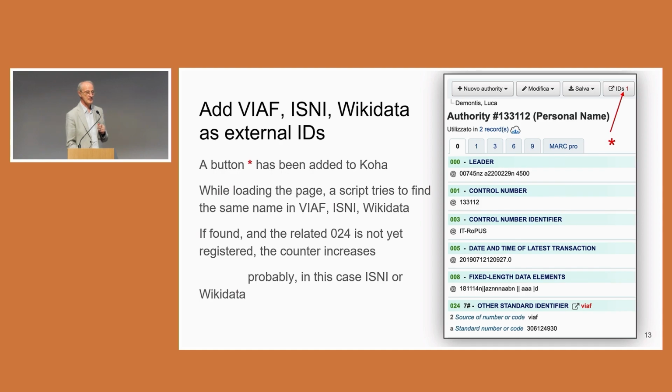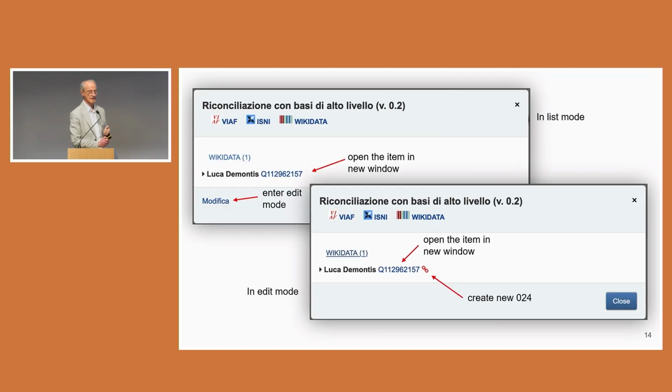In this case, this authority is populated with VIAF, but the button suggests that probably there is another identifier, probably Wikidata, probably ISNI, that is not present in the record itself and can be added by clicking the button and entering the edit mode.